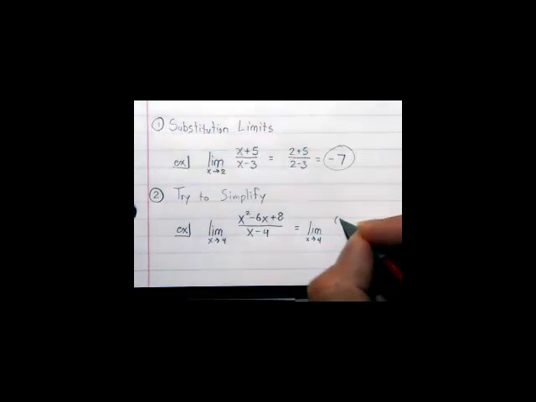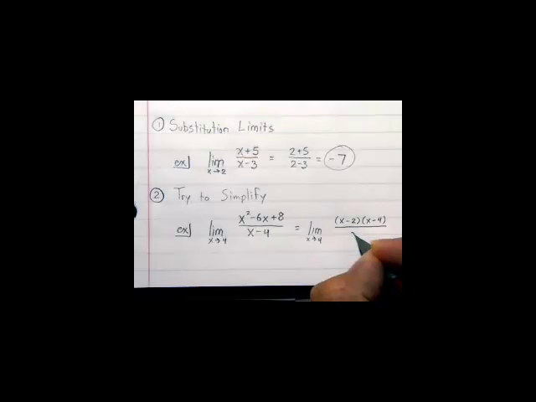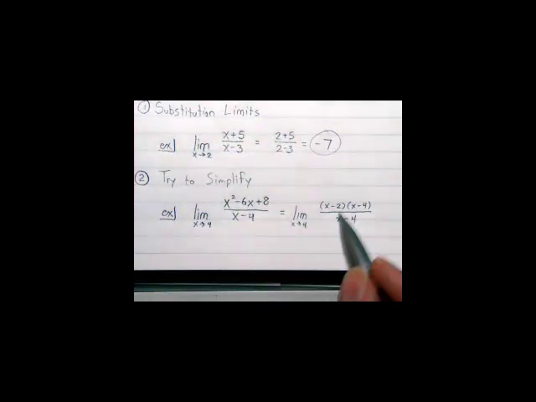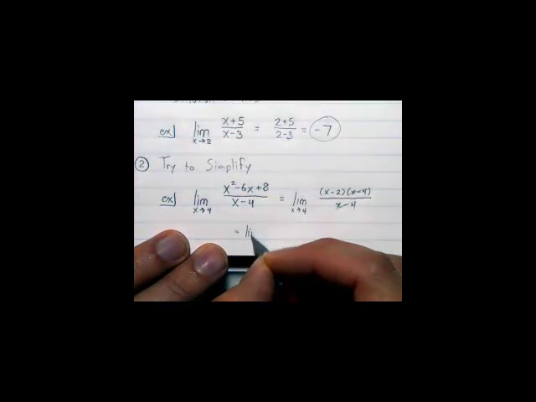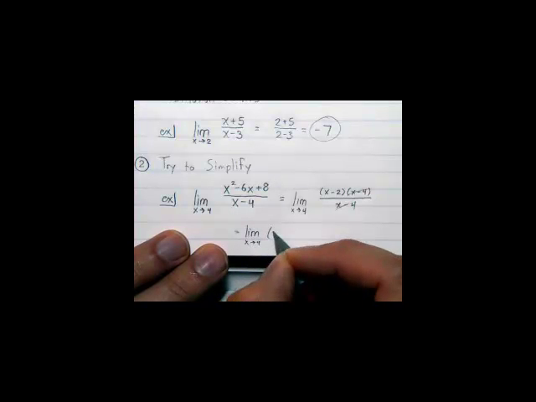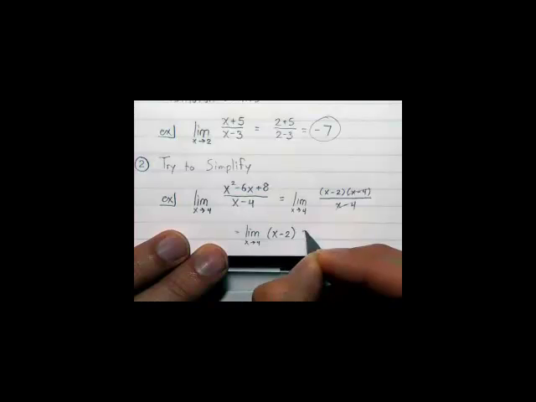So x minus 2 and x minus 4. And then the x minus 4s will cancel. Yep. And so we'll be left with the limit as x approaches 4 of x minus 2.